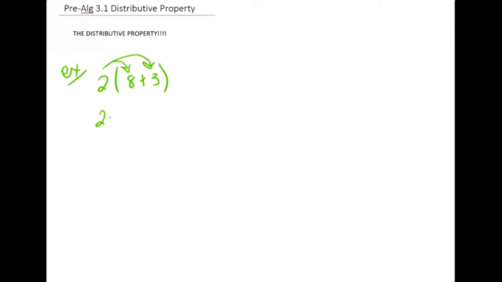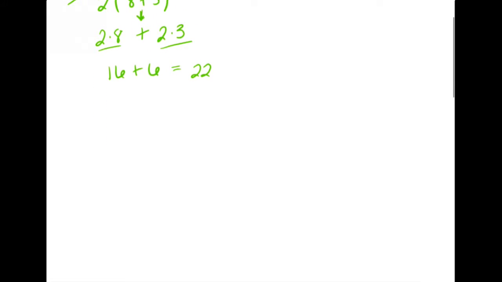So we'll have 2 times 8 plus, I'm going to bring down this sign, 2 times 3. And then I can actually do this multiplication and then add for my final answer. Our distribution of the 2 was the utilization of the distributive property.